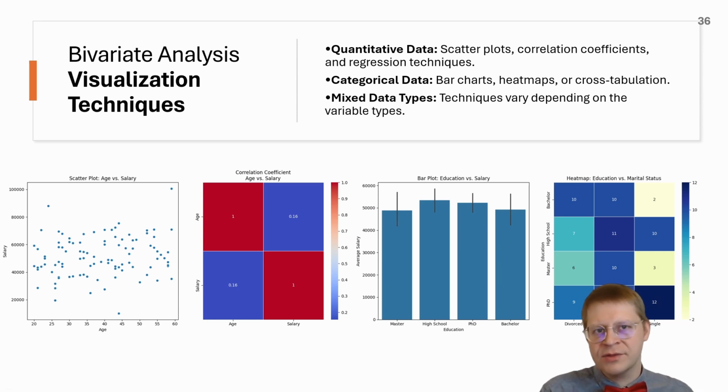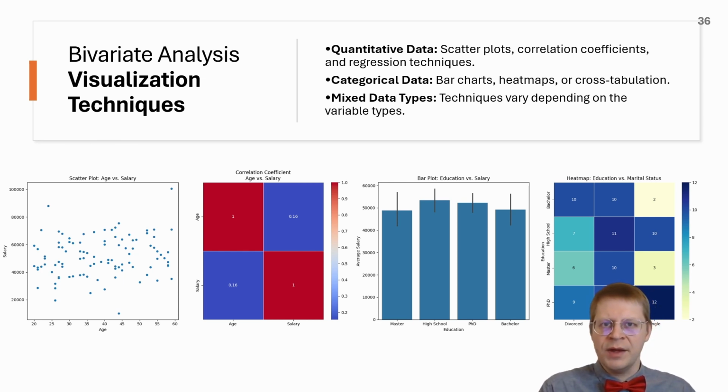To analyze relationships between two variables, we can use a range of visualization techniques. For quantitative data, scatter plots and correlation matrices are very effective. For categorical data, bar charts and cross-tabulations are often the best choice.